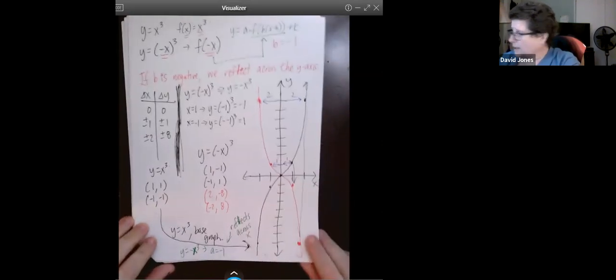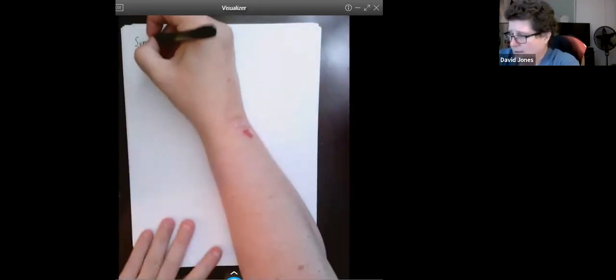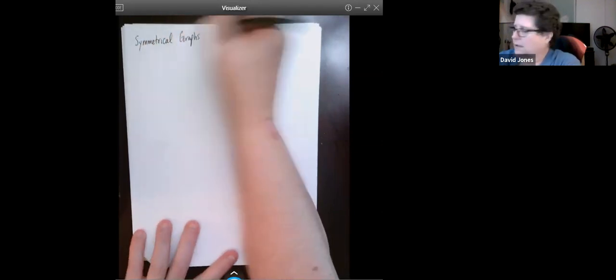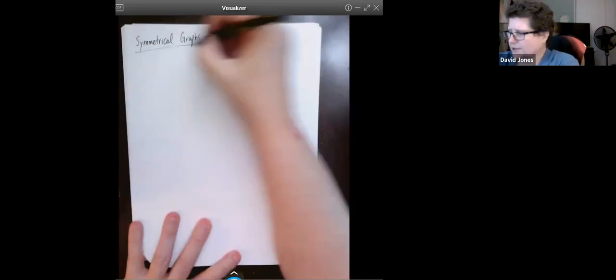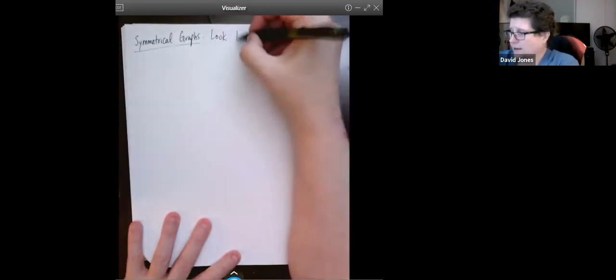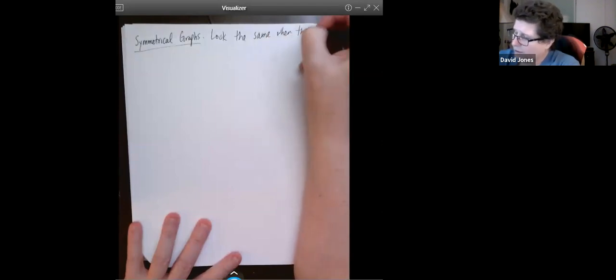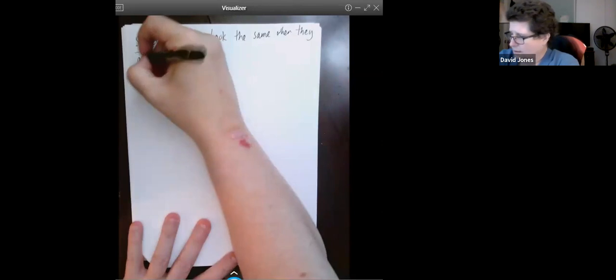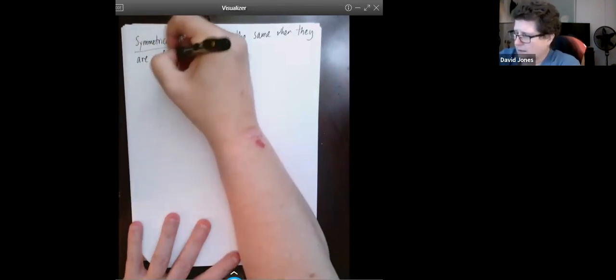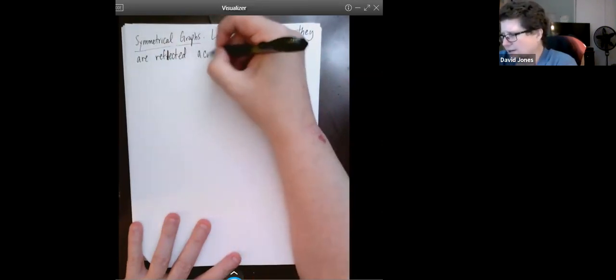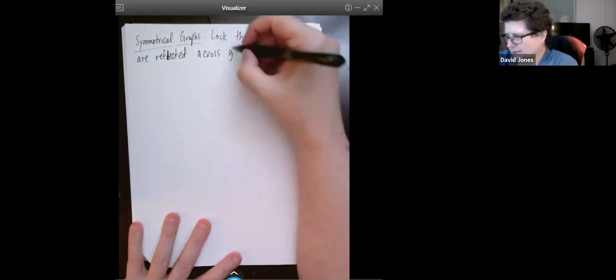All right, let's talk about symmetrical graphs. Symmetrical graphs look the same when they are reflected across a given line called the axis of symmetry.